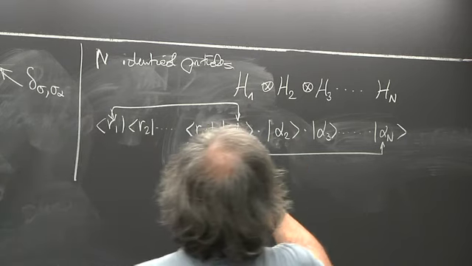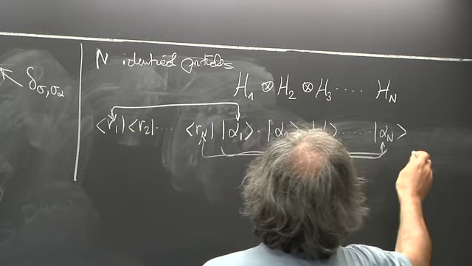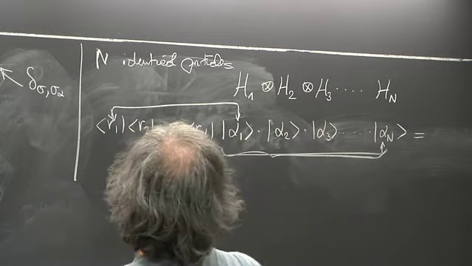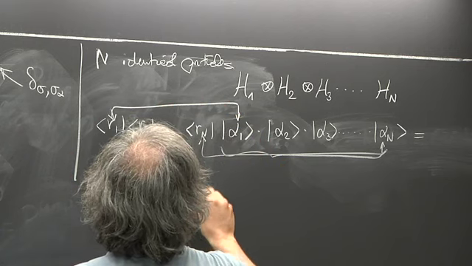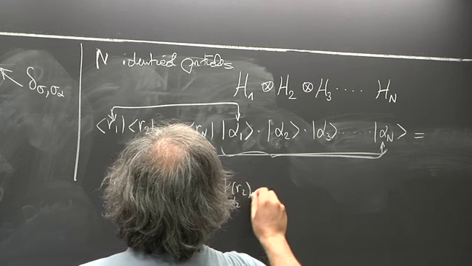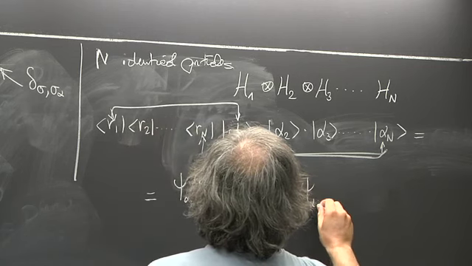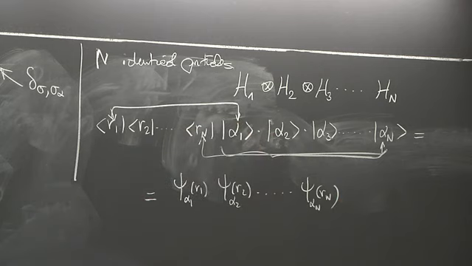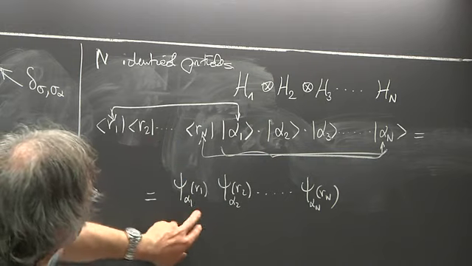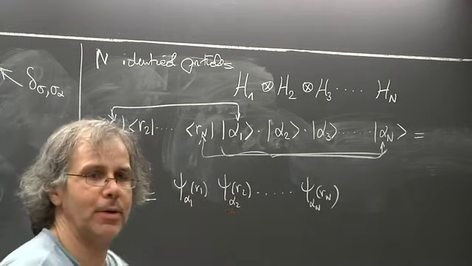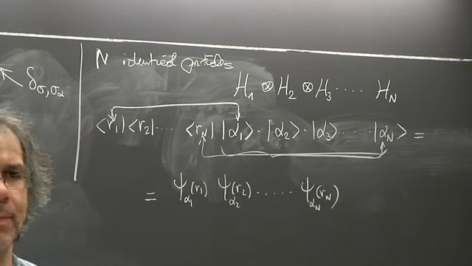So this product function is indeed written in terms of wave functions, psi alpha 1 of R1, psi alpha 2 of R2, up to psi alpha n of Rn. Is this clear? I should stress again that each of these is already a product of orbital and spin part, but n of them multiplied.